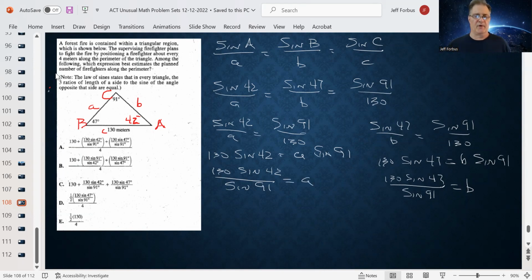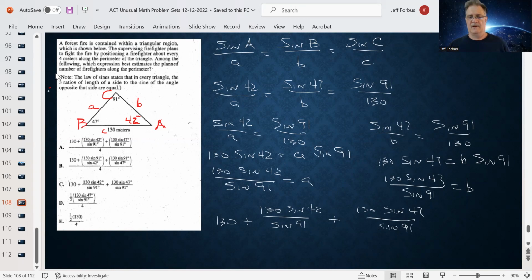So we can figure out the perimeter. It's going to be 130 plus 130 sine of 42 over sine of 91 plus 130 sine of 47 over sine of 91.